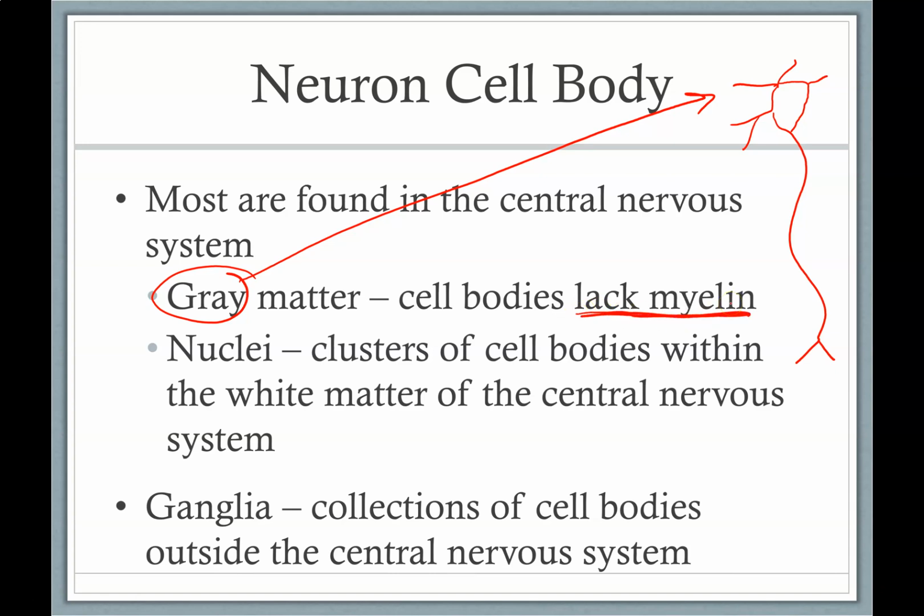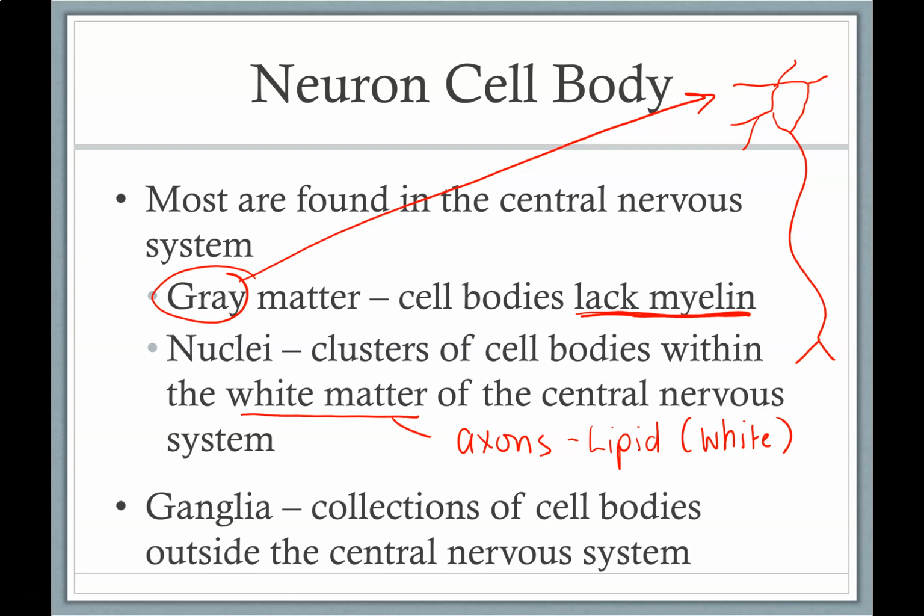The white matter, that's going to be your axons. The reason why they're white is because the lipid or fat is white. So that's where they get their name of white matter. The axons are surrounded by a lipid that's a white color. So your gray matter is your cell bodies, and your axons are known as your white matter.